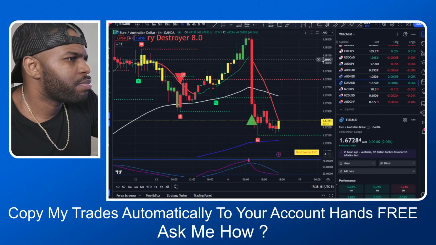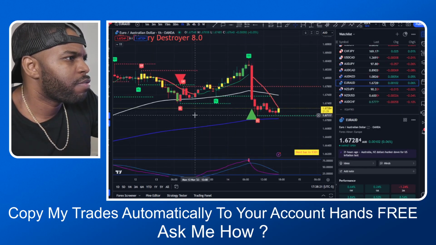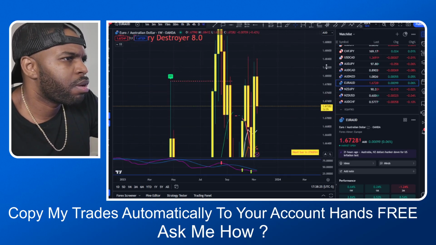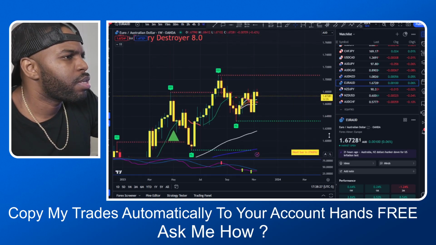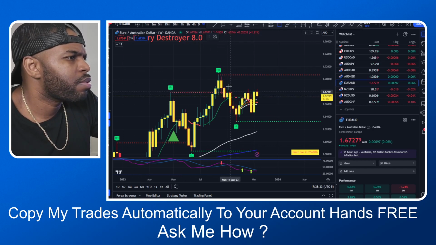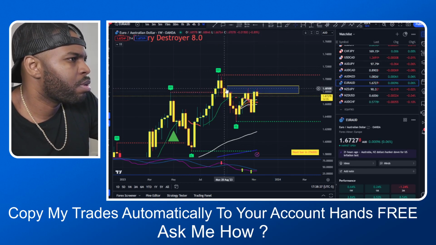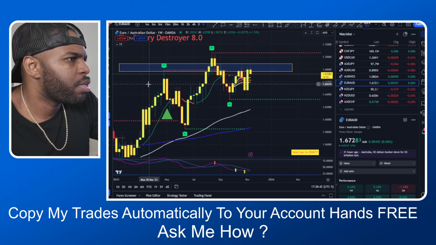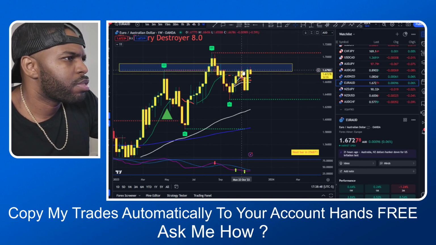Euro Aussie, definitely bearish because of the Australian dollar being strong. Weekly, there's a lot of resistance in this level here, so that could be an area of interest right there. Higher high, higher low. This could be a double top maybe.